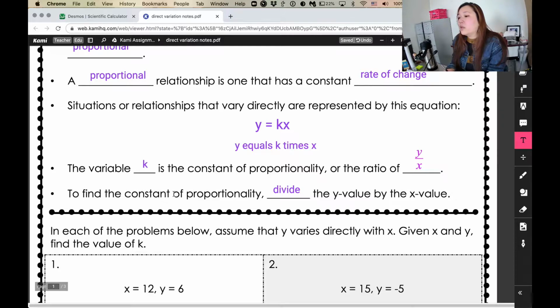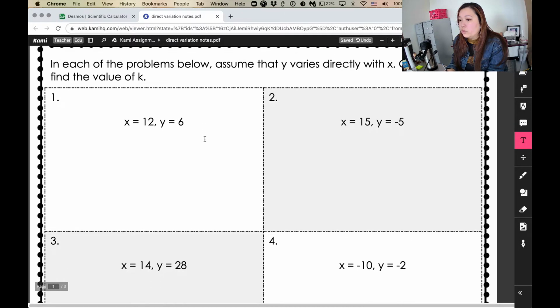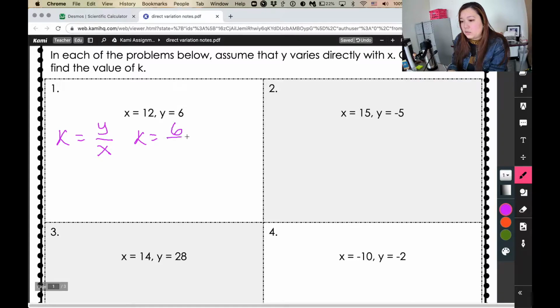All right? So let's look at these basic problems, and remember you can pause this video anytime if you need to for the notes. So in each of these problems below, assume that y varies directly with x. Given x and y, find the value of k. So as we know, k equals y divided by x. This problem is telling us that y equals 6 and x equals 12, so k equals 6 over 12, and then we need to simplify this.